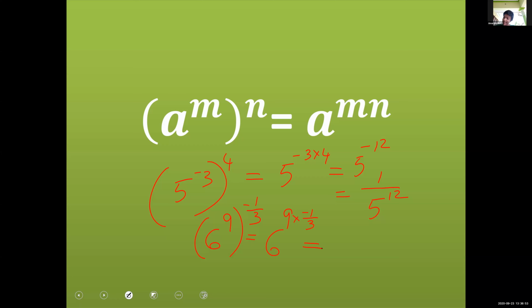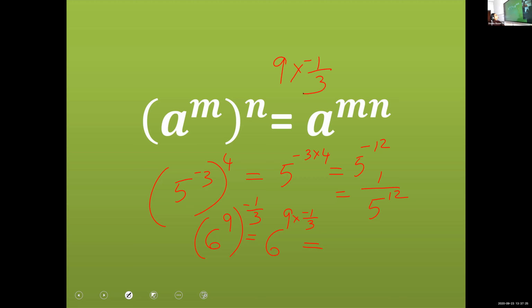Okay, do it. No problem, take your own time. 9 into negative 1 by 3. The power is 9 into negative 1 by 3.